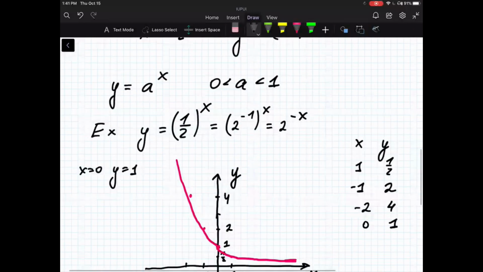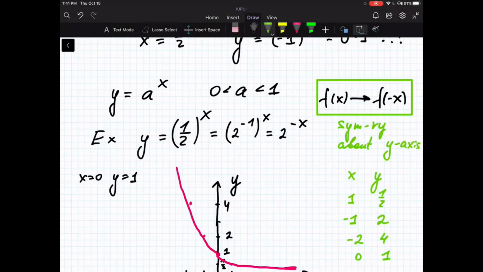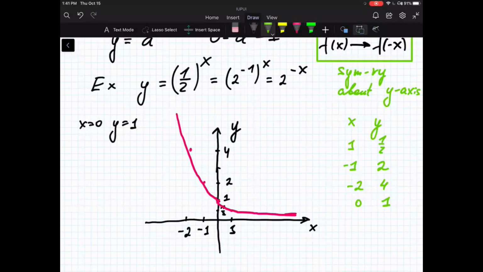And if you know that there is such a transformation, f of x to f of minus x, this is exactly symmetry about the y-axis. So it's not a surprise, but we see that the behavior at plus and minus infinity is opposite.